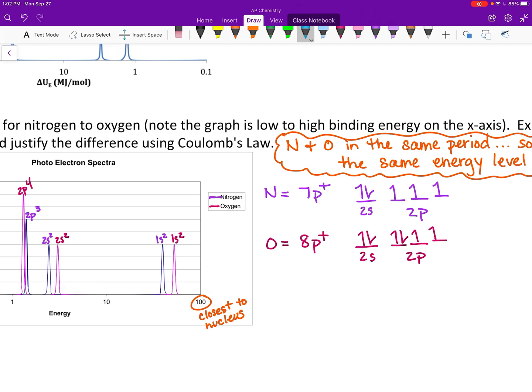And so we see that on oxygen, we have a greater charge, greater nuclear charge, resulting in greater force.